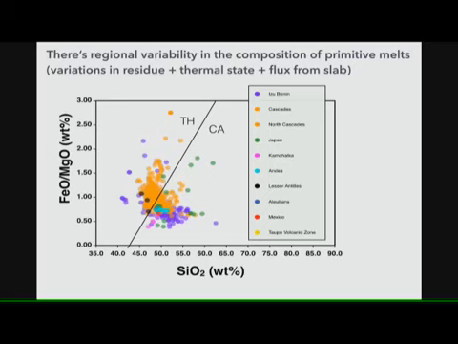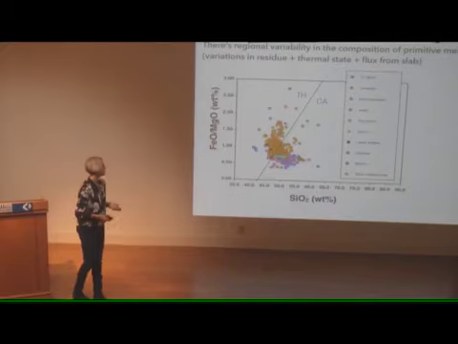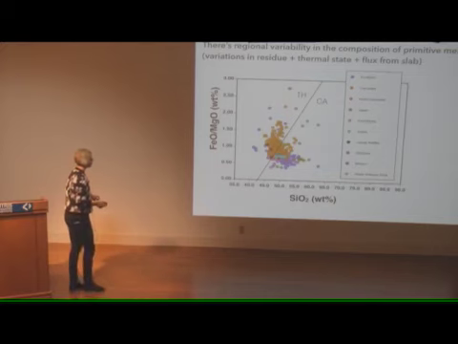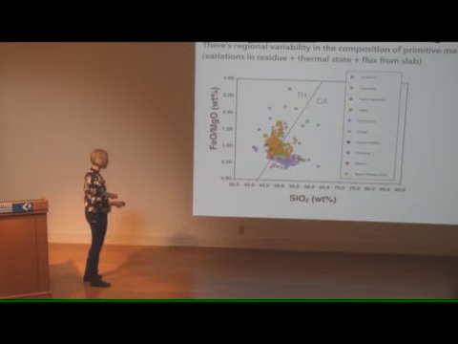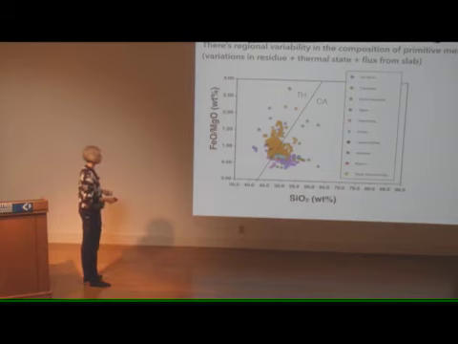Not all arcs are producing the same primitive magmas, or the relative proportion of primitive magmas are different at different arcs. So here at Izu-Bonin and Marianas, we're seeing a little bit more of these wet ones that go off in this direction, whether it's due to very water-saturated melting or melting harzburgite.